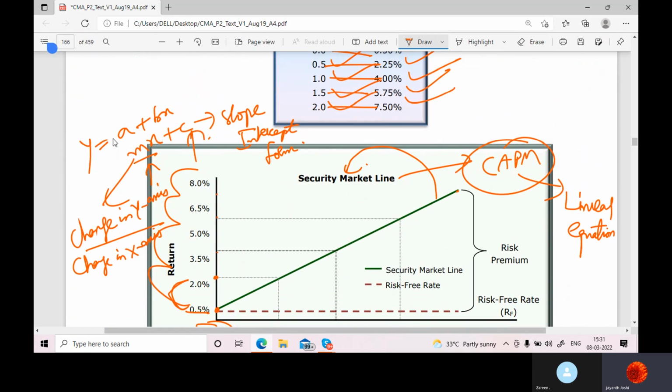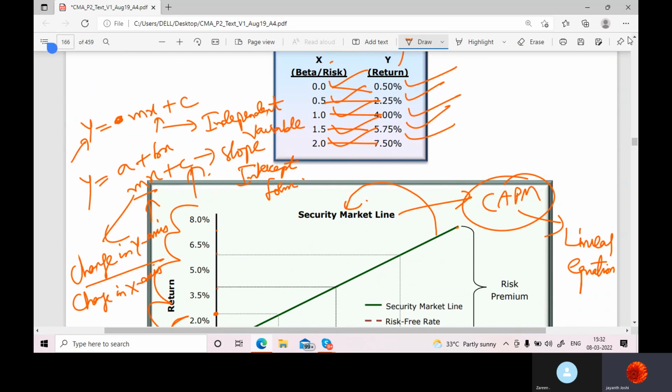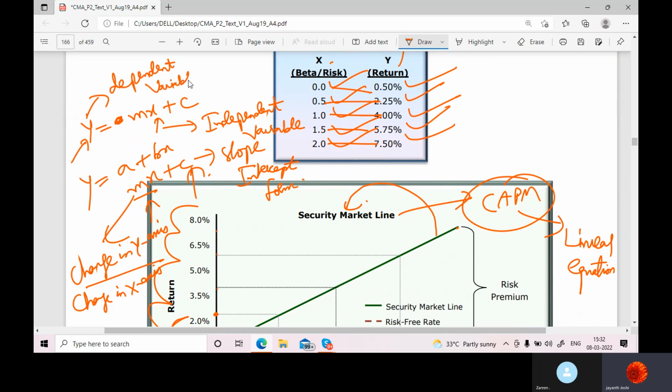If I say y is equal to mx plus c, here y's value depends upon the x value. So x is the independent variable and y is the dependent variable. What do I mean by this? If I talk about demand and price, your demand definitely depends upon price.